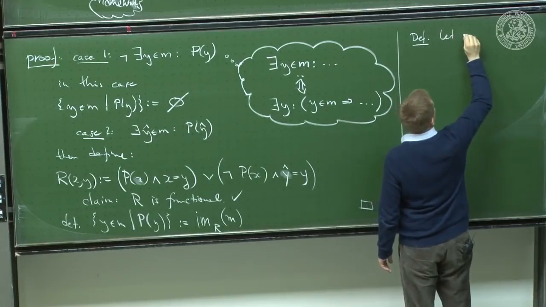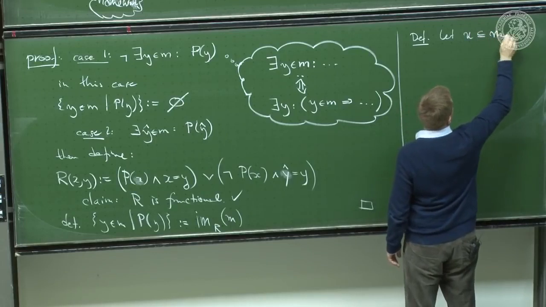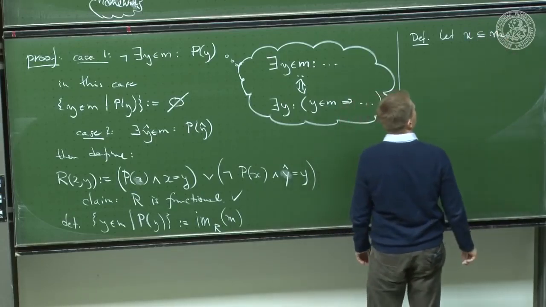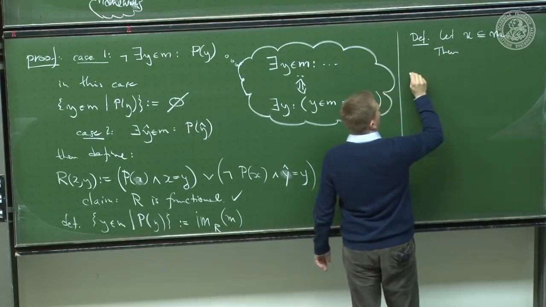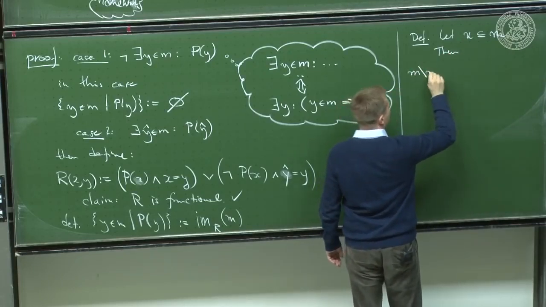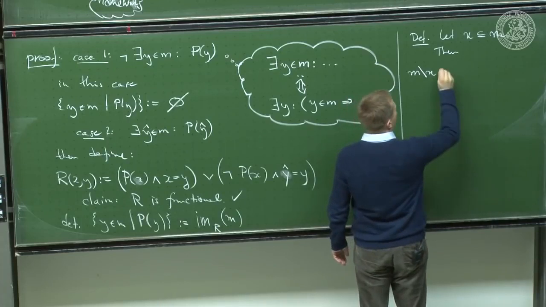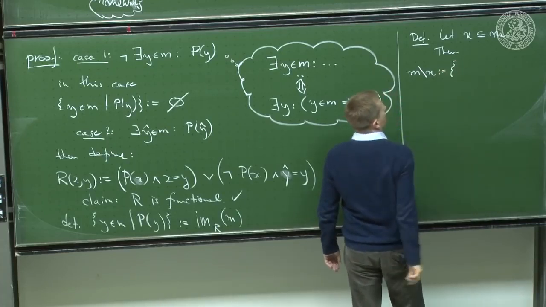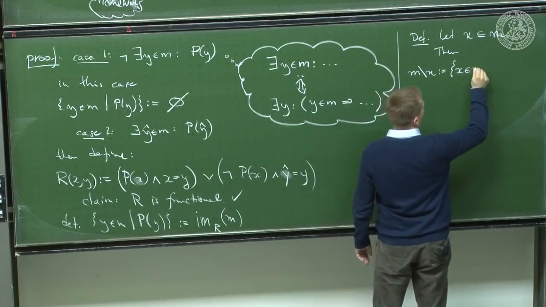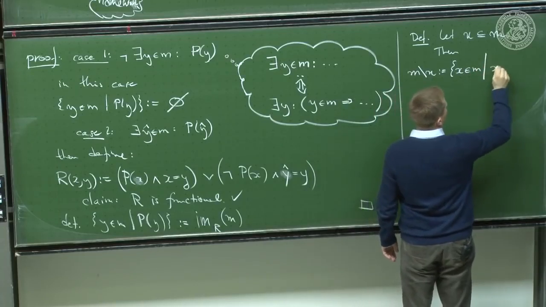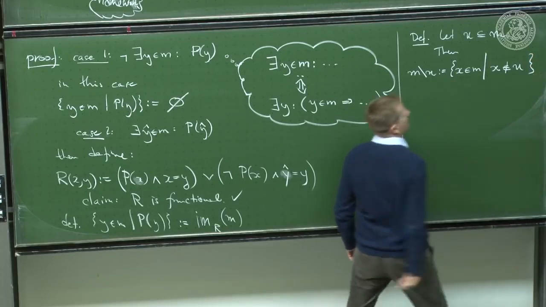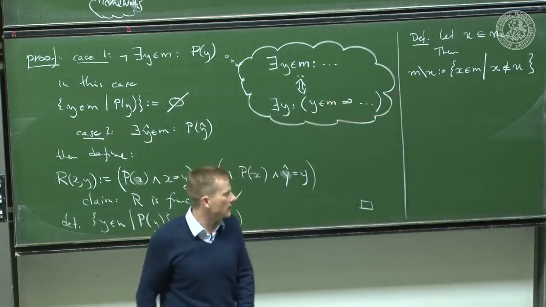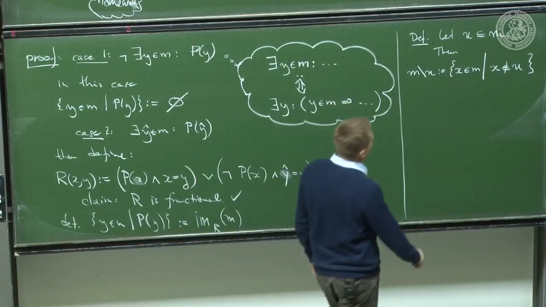Let U be a subset of M, they're both sets. Then M without U is the collection of all those elements of M for which x does not lie in U. Obviously, that's the complement, and everything is fine.